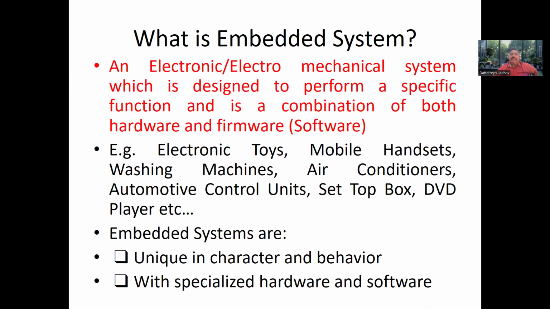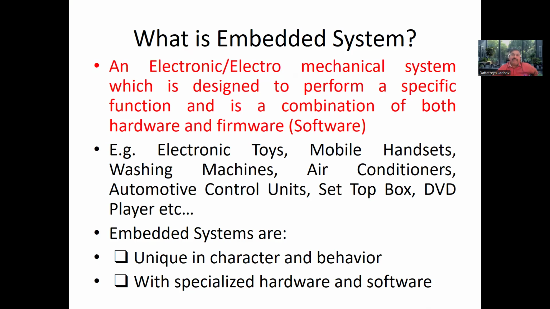So what is an embedded system? Basically, we generally say that an embedded system is a combination of software and hardware designed to work on a specific application. Or sometimes we say that it is an electronic and electromechanical system designed to perform a specific function, and it is a combination of both hardware and software.